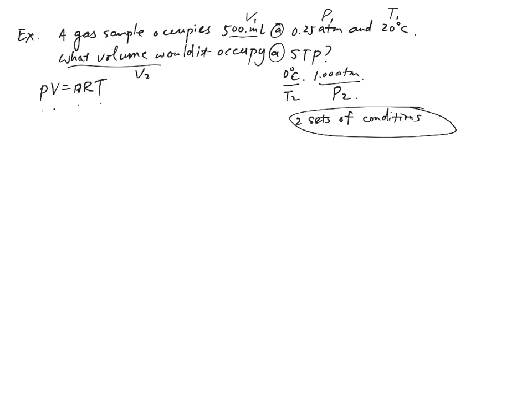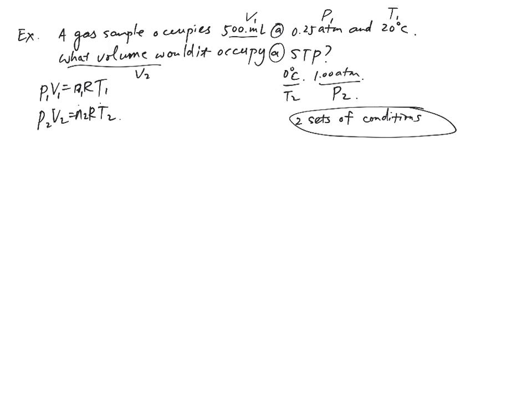So instead of writing one PV equal to nRT, now I want you to write two of them. First one is P1V1 equal to N1RT1. The second one is P2V2 equal to N2RT2. Now, what good does that do?